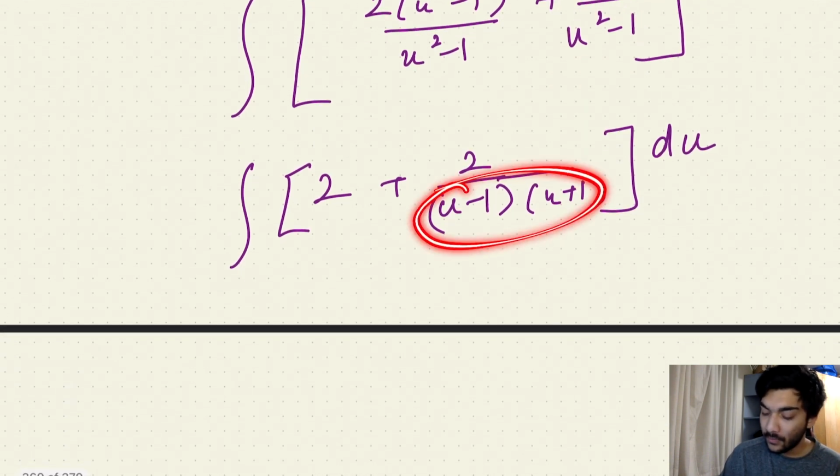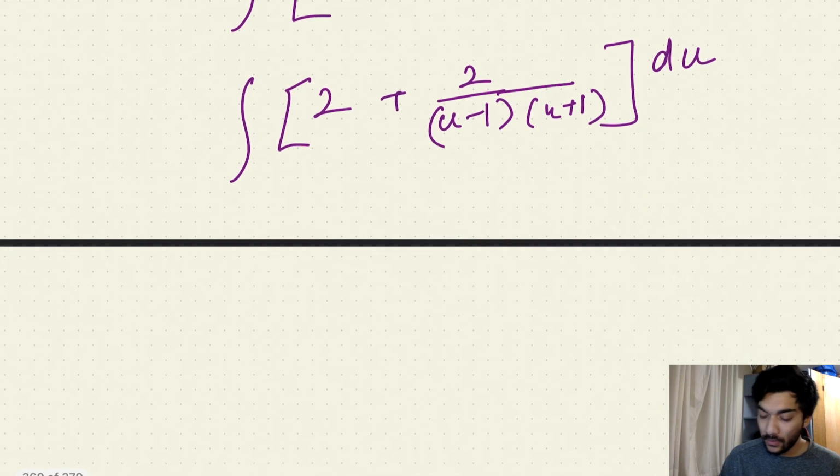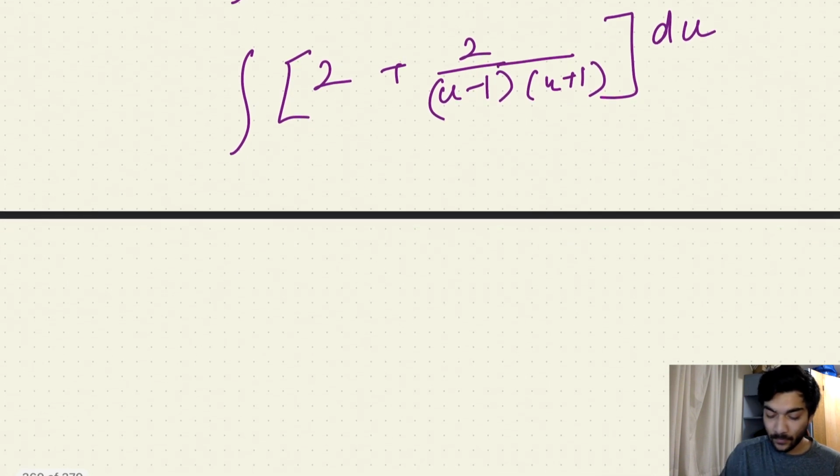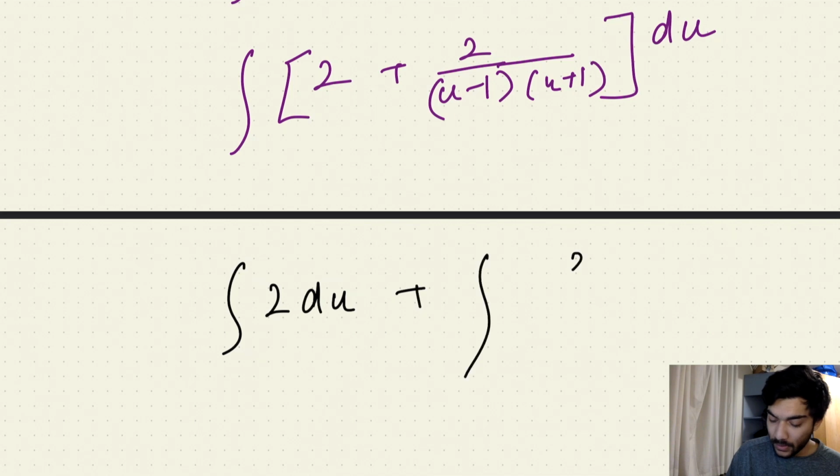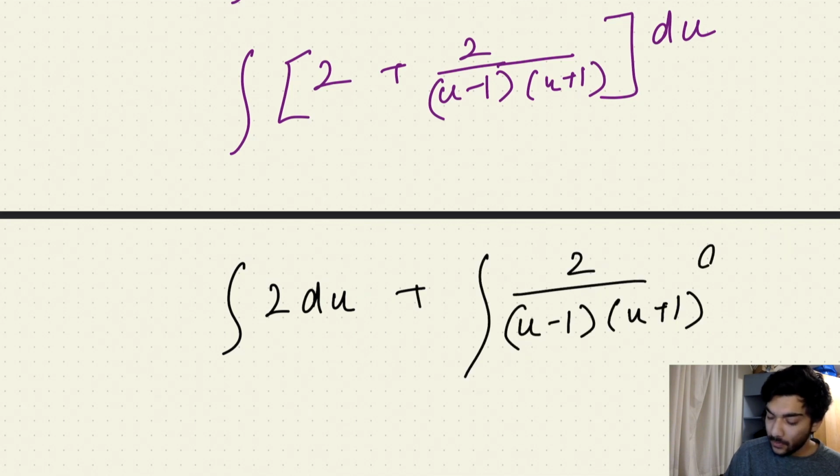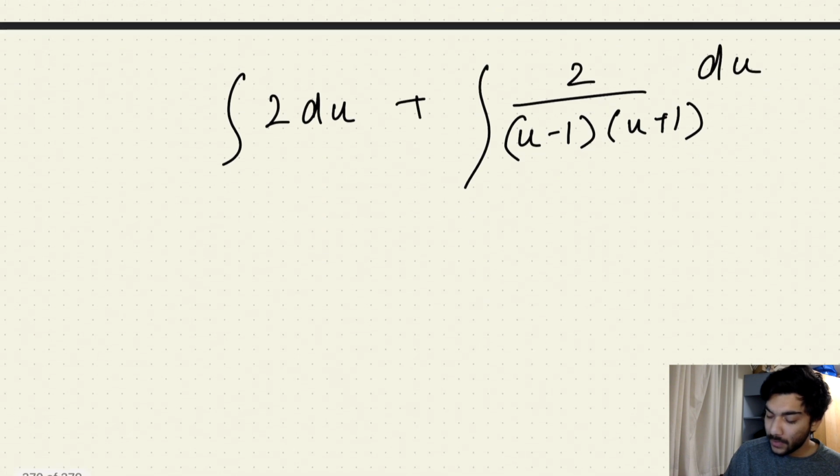Because you can easily convert this denominator into u minus 1 times u plus 1. And now this would be simply calculating the integral of 2 du plus the integral of 2 upon u minus 1 times u plus 1 du in this case, right?